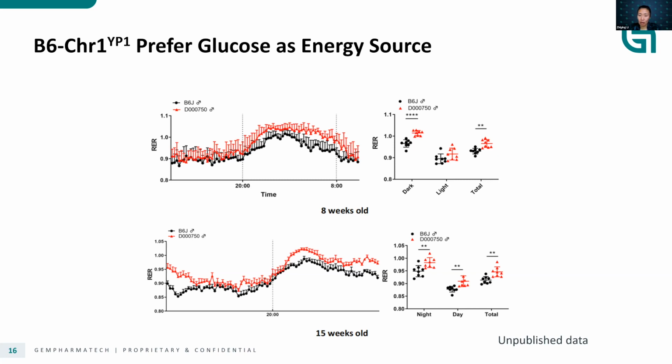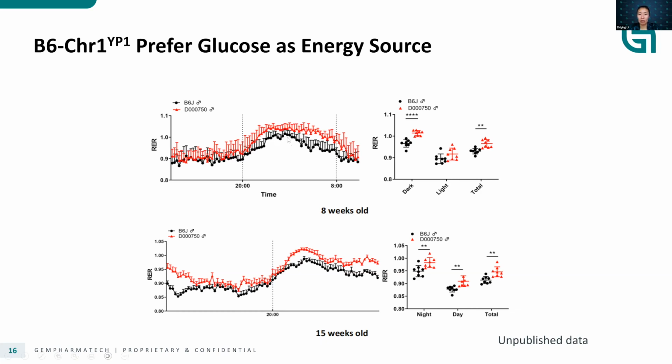As you know, the chow has fat, carbohydrate, and protein, and the percentage of each of the macronutrients is well defined in the chow diet. So an RER greater than 1 is an indication that carbohydrate is the major energy source that has been metabolized by the animal.